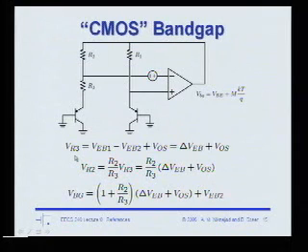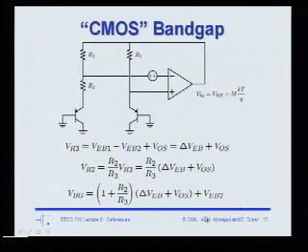All right, again, I'm not going to go into the details. You can show that the voltage across R2 now is a multiplied version of the voltage across R3 because they have the same current going through them. The multiple is just R2 over R3. And so the output voltage here is basically one VBE plus this voltage, which is R2 over R3.